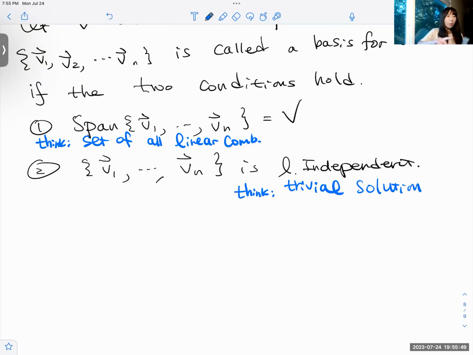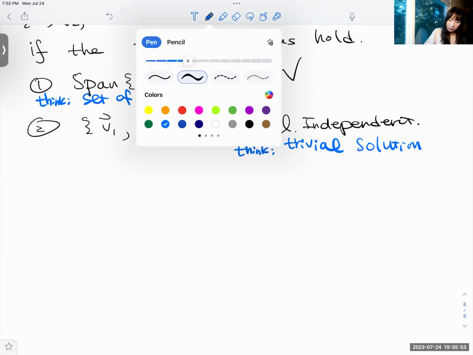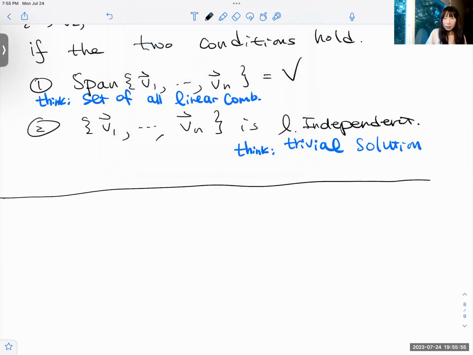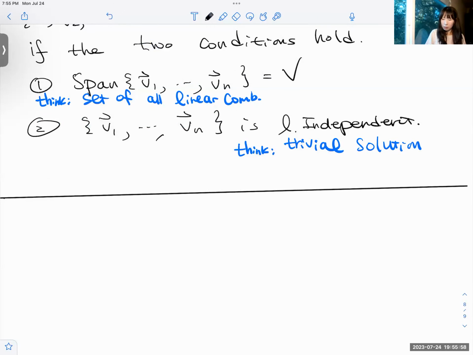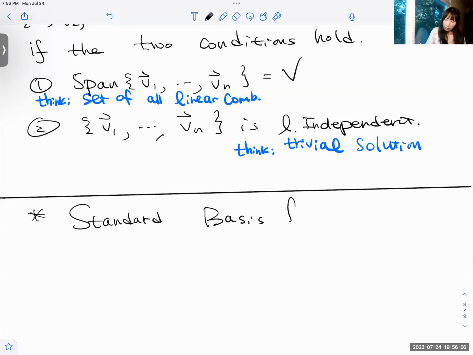Okay, so standard basis, right? Standard basis. We have R3.